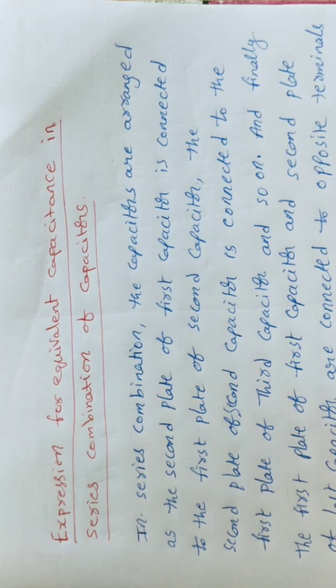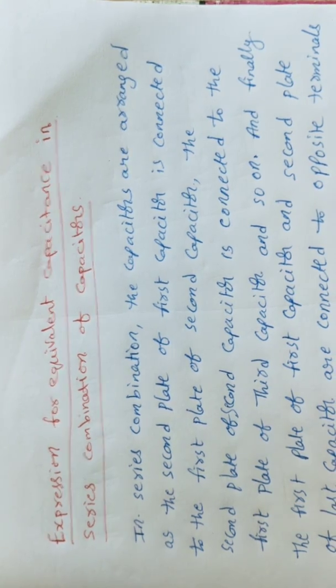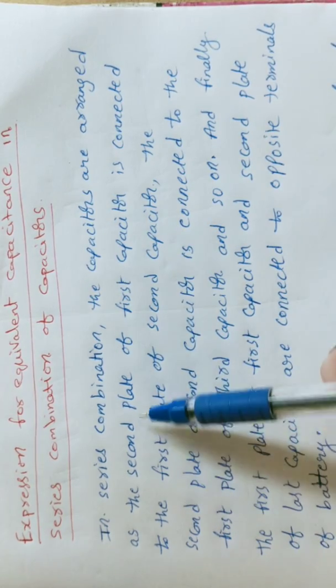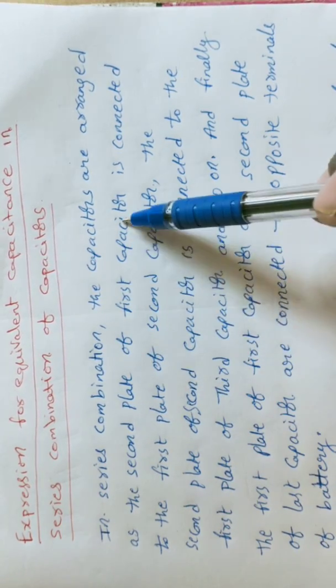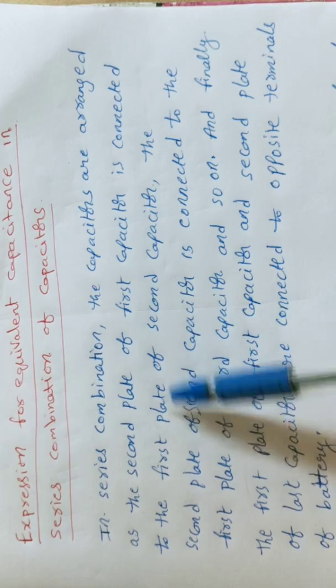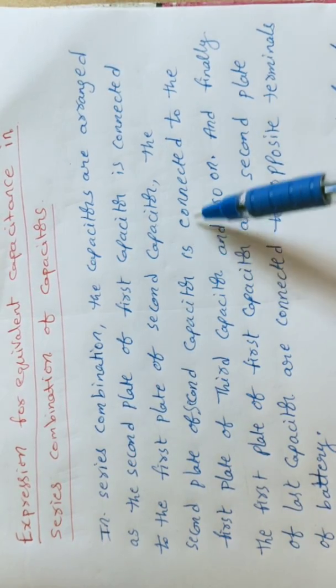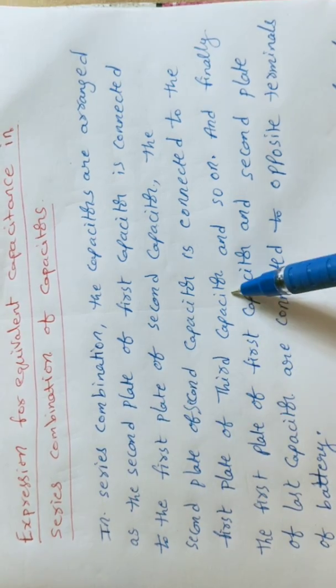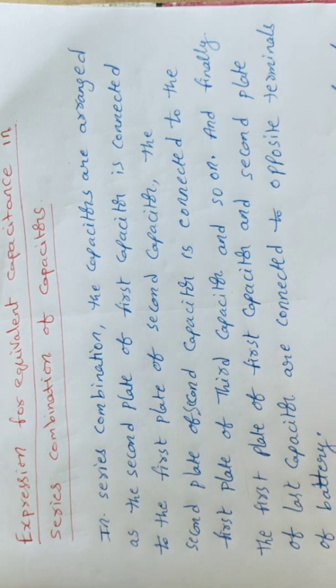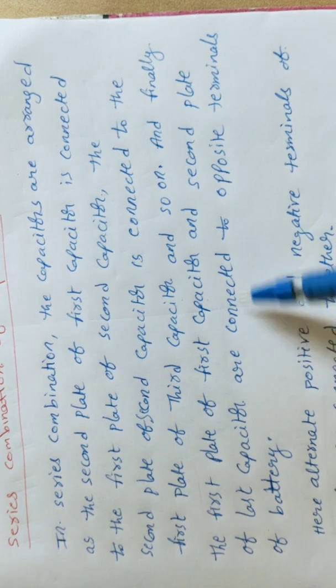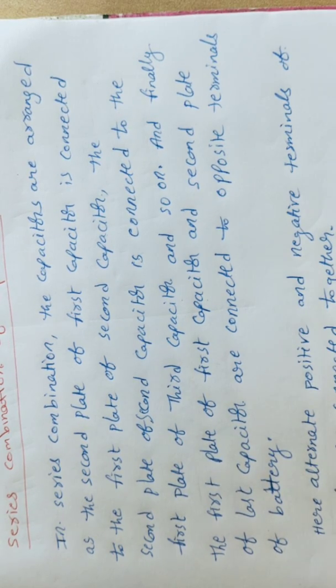As we just informed, in a series combination the capacitors are arranged such that the second plate of the first capacitor is connected to the first plate of the second capacitor. The second plate of the second capacitor is connected to the first plate of the third capacitor, and so on. Finally, the first plate of the first capacitor and the second plate of the last capacitor are connected to opposite terminals of the battery. The same thing we are introducing here.